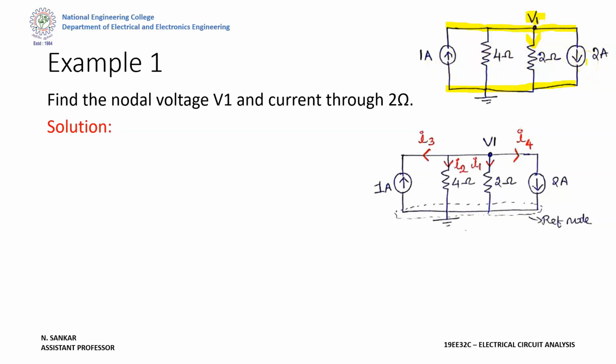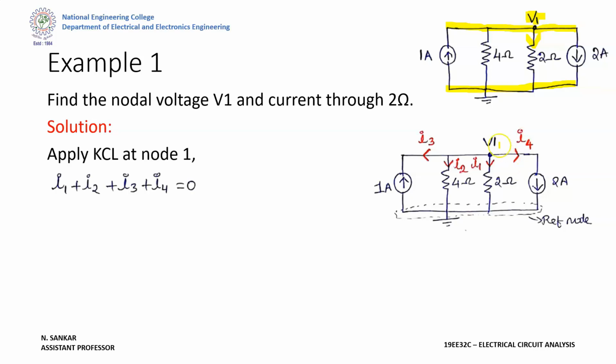For that I am just giving the current value and current direction. Always take the current direction as leaving from the node. You can see here the arrow is leaving from the node V1. So every time, when solving any sum, take the current direction as leaving from the node while solving nodal analysis.